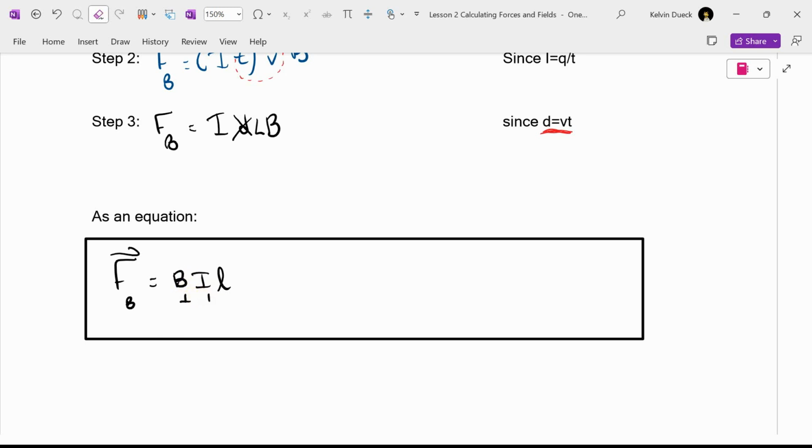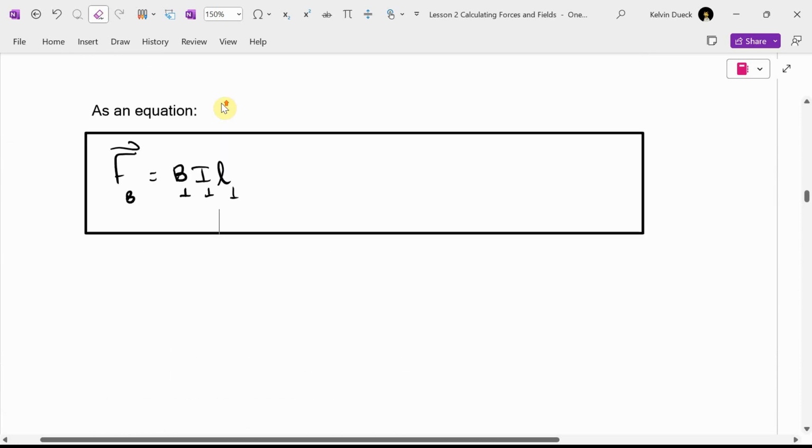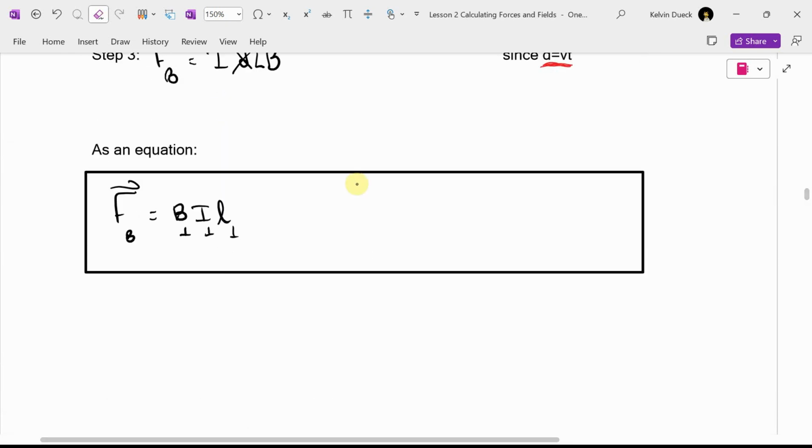Same restriction as before. All three of these have to be at right angles. Well, of course they do, because that's how my right-hand rule worked. It was all this 90-degree right-hand rule thing. B equals magnetic field in teslas.